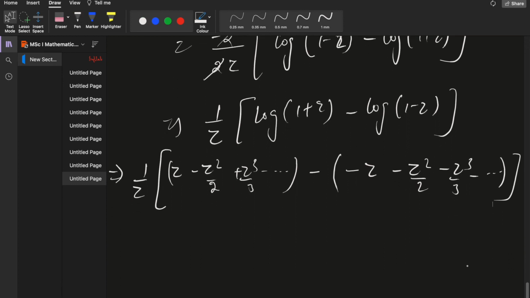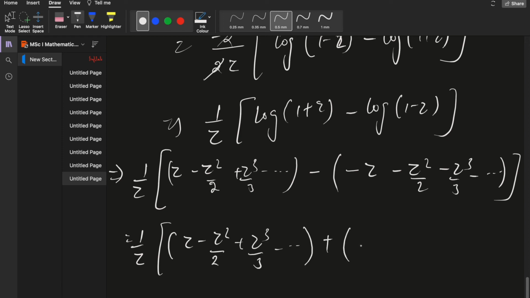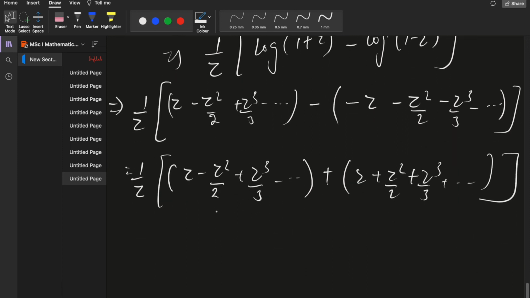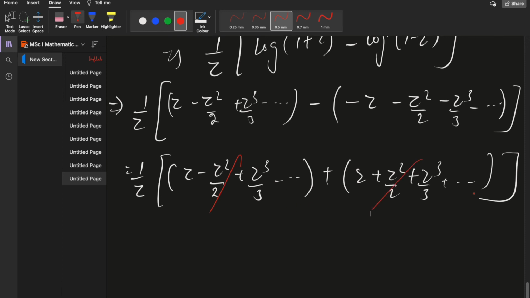Now from here just take minus sign common. So this will become 1 upon z, z minus z square upon 2 plus z cube upon 3 minus..., plus z plus z square upon 2 plus z cube upon 3 and so on. Alright, I can see the even number terms will be cancelled out.